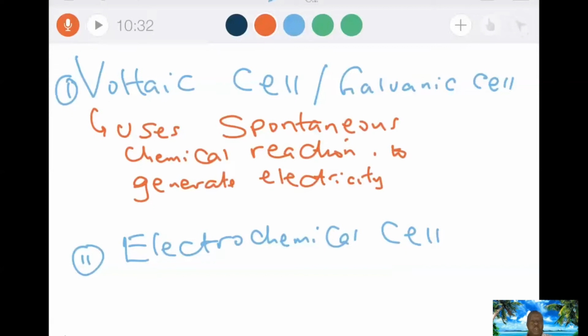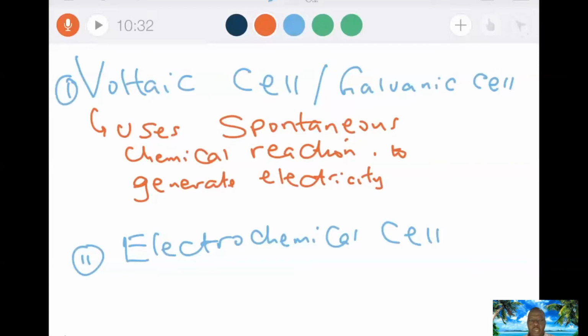All right. When a chemical reaction spontaneously takes place, electrons are transferred. In the process, electricity is generated. Whereas an electrochemical cell needs an external source of energy to drive the electrons to move from point A to point B, or from anode to cathode, which we will see momentarily.